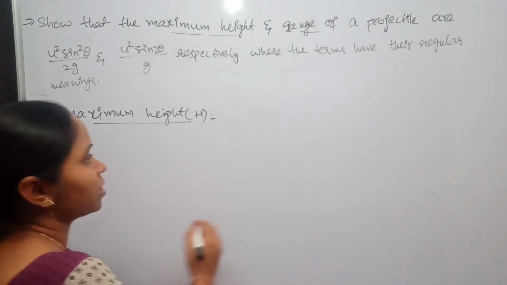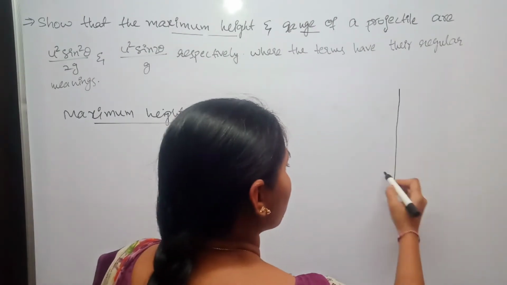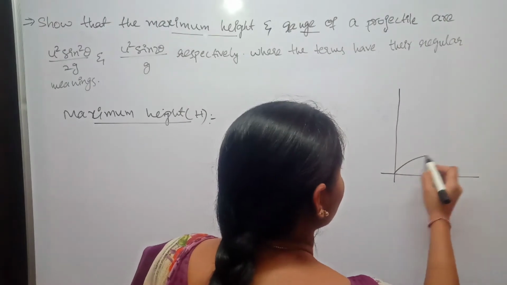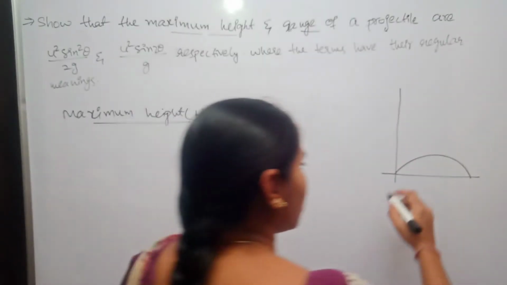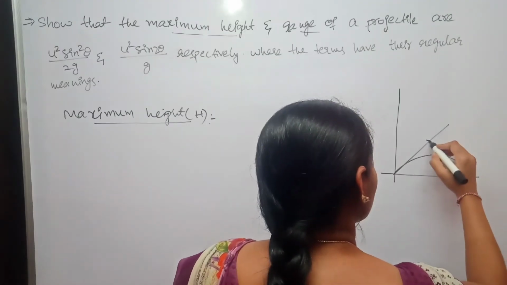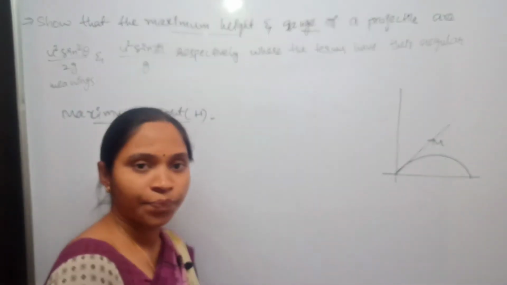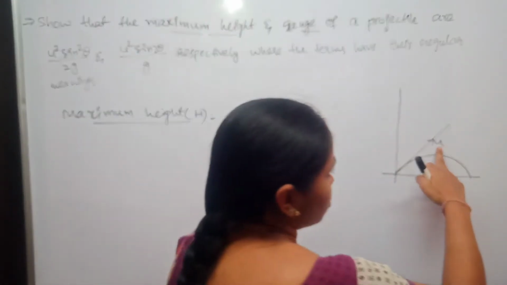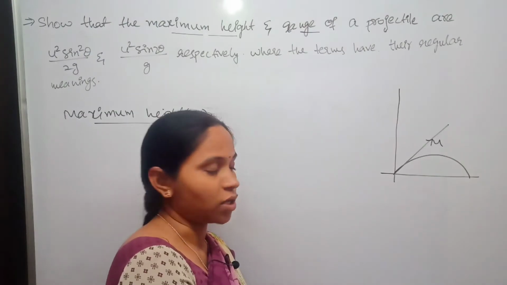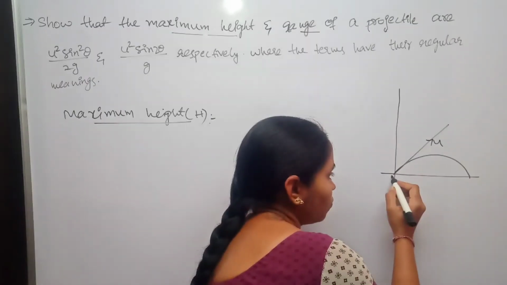For this purpose, let us consider an object which is projected, and u is the velocity of this object. This is the velocity vector, u is the velocity vector, and O is the origin.